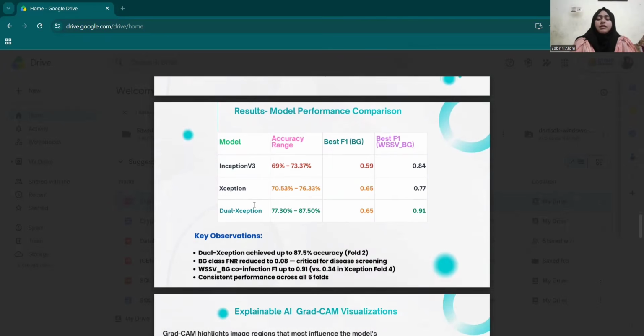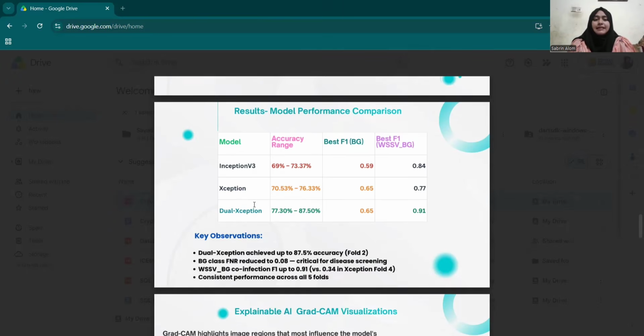Here we can see the three models used in this paper. We already said that there are three models in here, which is Inception V3. We are already seeing that this has an accuracy range of 69% to 73.37%, and the best F1 BZ 0.59 and best F1 WSSB with BZ is 0.84, which is not better than the others.